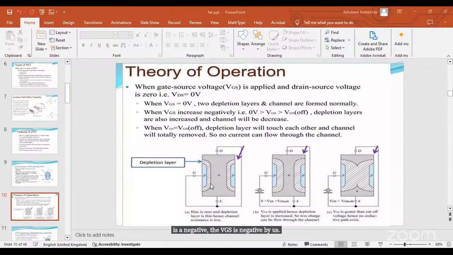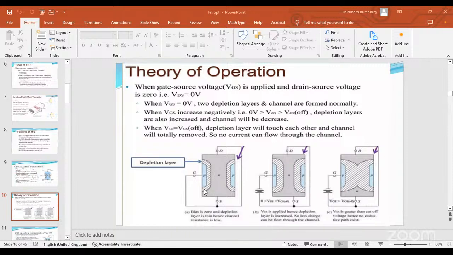So when it is increased negatively, say from -2 to -4 to -6 to -8 to -10 and so on, the depletion layers also increase and the channel decreases. If you look at these three diagrams, for the first one there is no application of voltage.